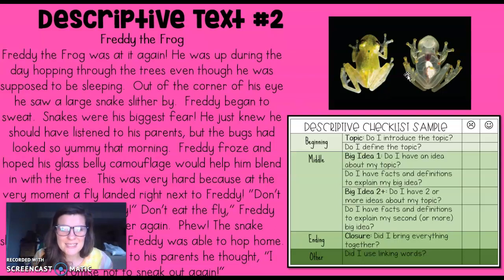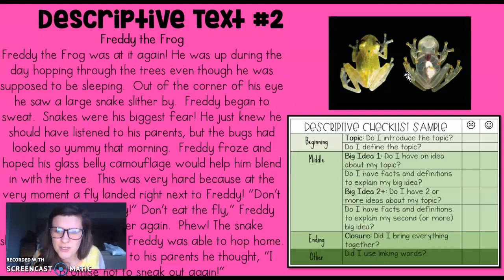It's supposed to be facts. Uh-oh, sad face. Big idea 1. Do I have an idea about my topic? I don't see facts or definitions about Freddie the Frog. It's just a story about him, so sad face. If we don't have one, we can't have more than one, sad face.